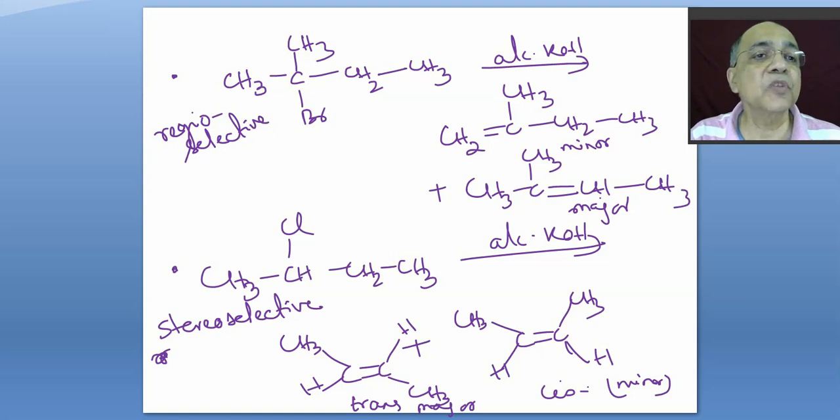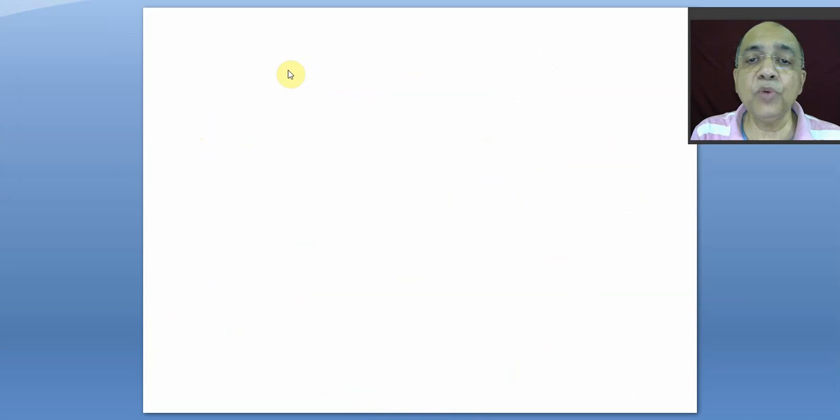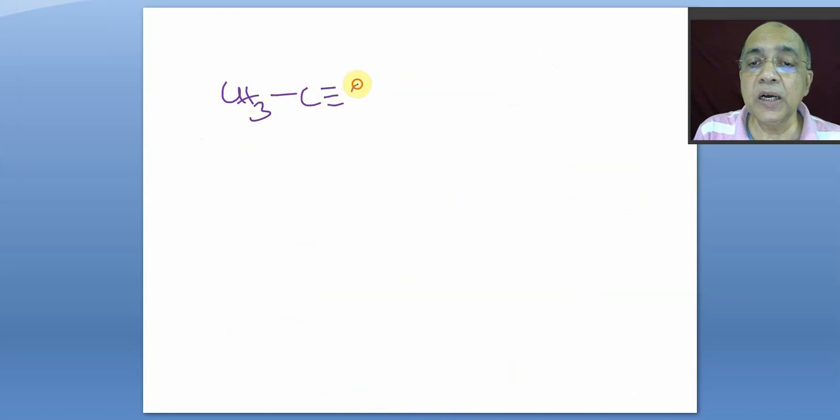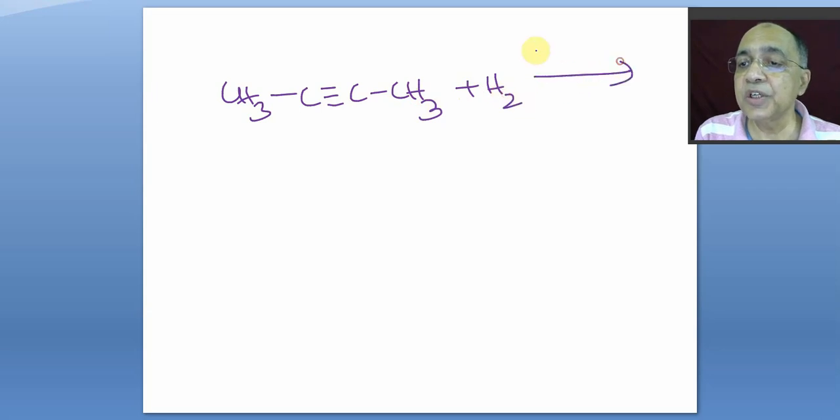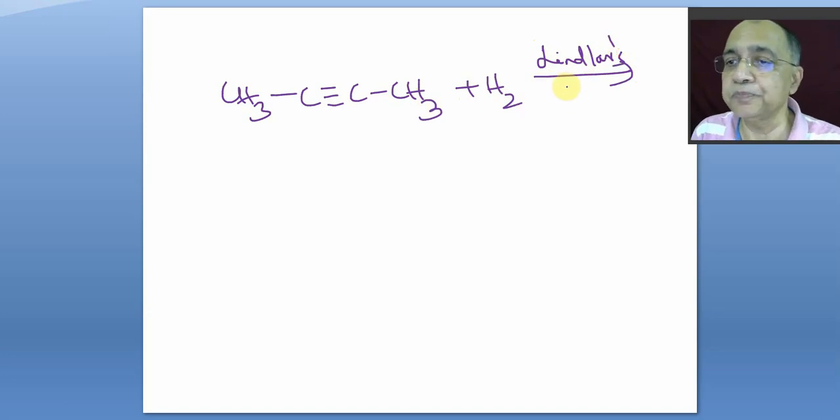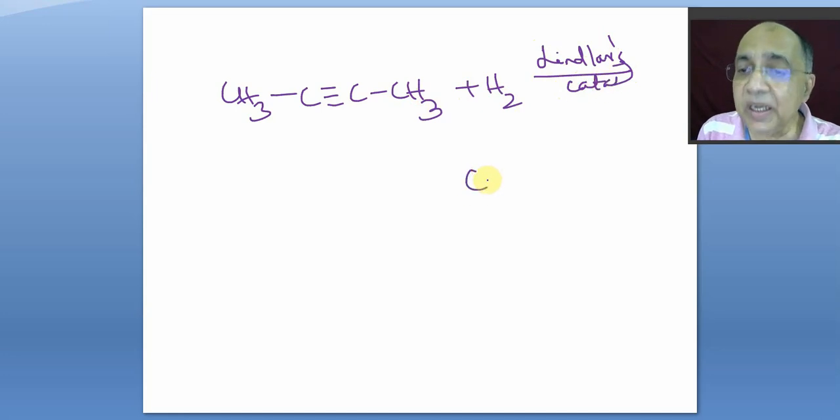Just hold on. I'll give you one more example. Supposing you are taking 2-butyne and hydrogenating it in the presence of Lindlar's catalyst, that is palladized barium sulfate with a catalytic poison. You are getting nearly 100% cis-2-butene.